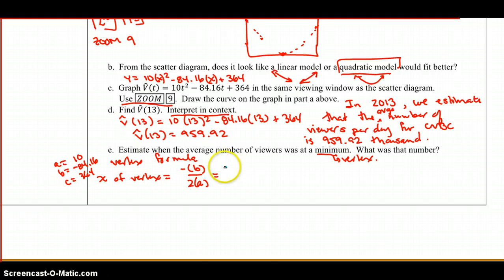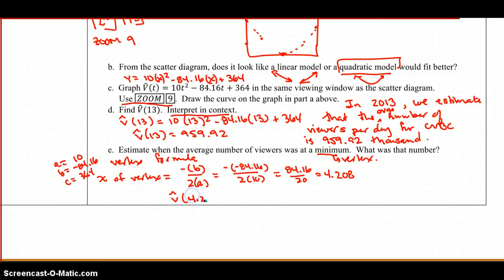So the opposite of b all over 2 times a, so we would get 84.16 divided by 20, which gives us 4.208. And then to get the y-coordinate, we would put that through our function.